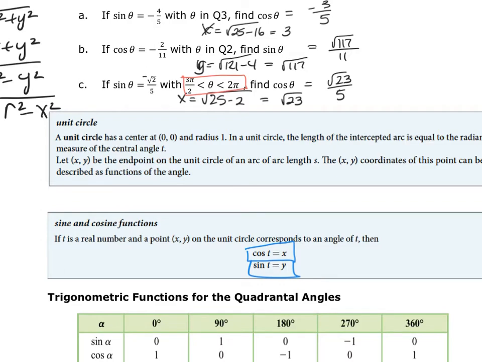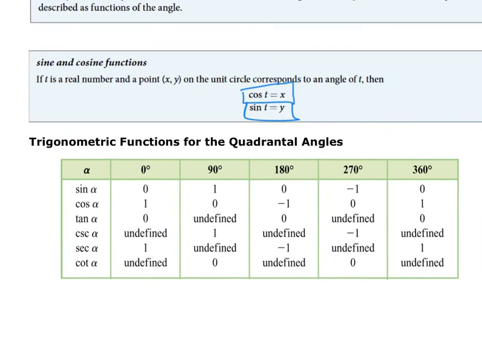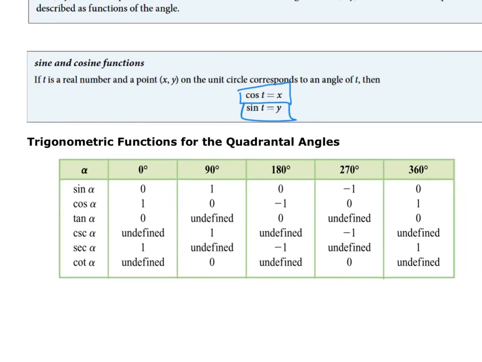That then allows us to start talking about some of the angles, specifically what they are in terms of the sine, cosine, tangent, cosecant, and such. If I am 0 degrees, which means I am right here and I'm on the unit circle, this is the ordered pair 1, 0. So since that's the ordered pair on the unit circle, then at 0 degrees, sine is 0 because my y is 0.